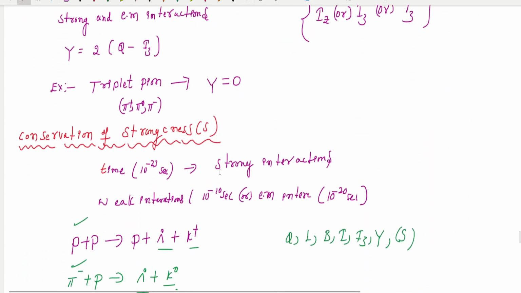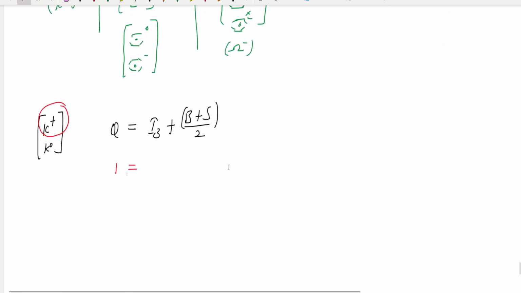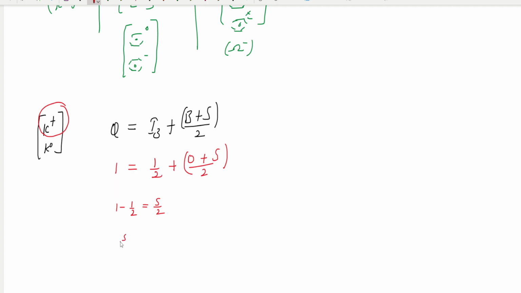Baryon number is 0, since this is not a baryon, plus S divided by 2. So 1 minus 1 divided by 2 equals S divided by 2, so S divided by 2 equals 1 divided by 2.